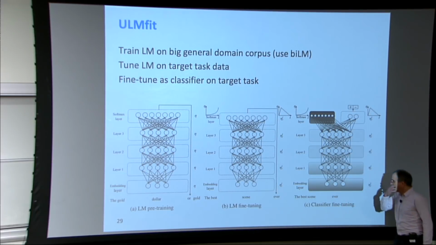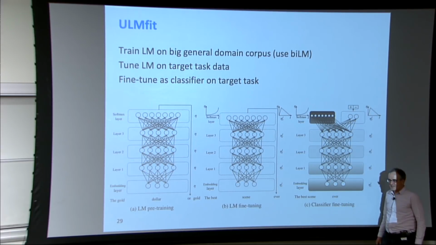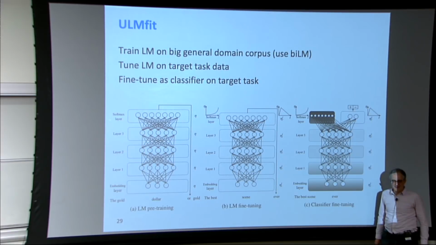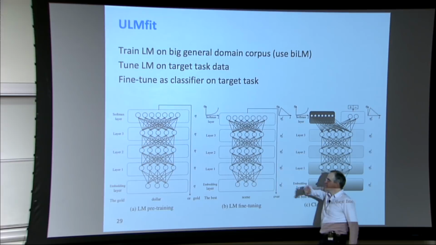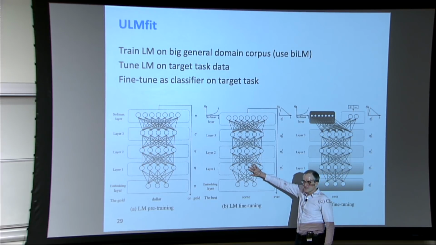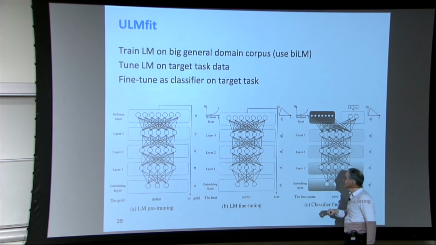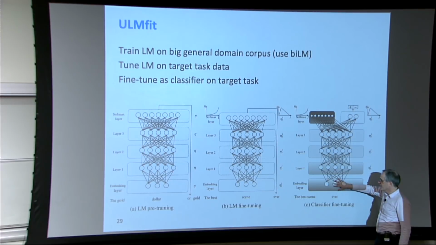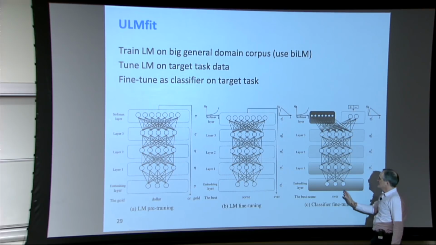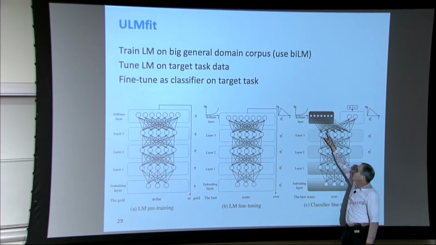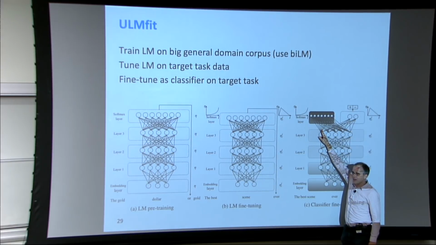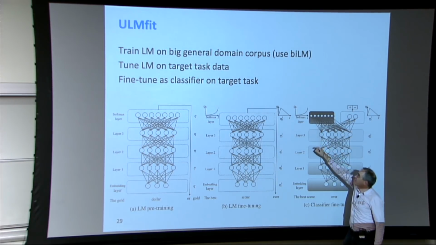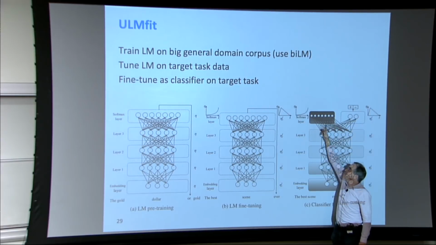But there's something that they did differently, which in some sense foreshadows the later work in transformers. So rather than just feeding features from this into a completely different network, they keep using the same network, but they introduce a different objective at the top. So one thing you could do with this network is use it to predict the next word as a language model. And so at this point, they freeze the parameters of that softmax at the top.